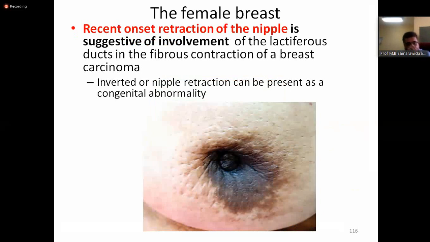Right. Then recent onset retraction of the nipple, suggestive of involvement of lactiferous ducts in the fibrous contraction of the breast carcinoma. Right. So here you can see nipple inversion due to involvement of the ducts by the carcinoma.